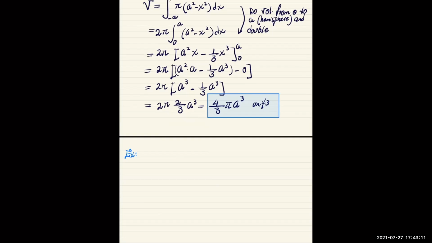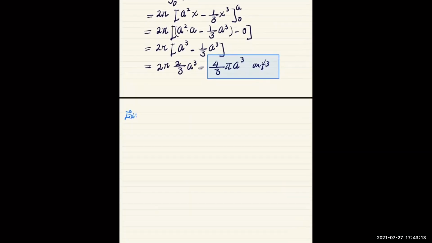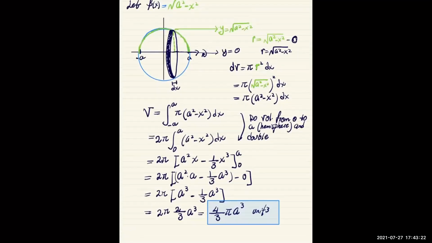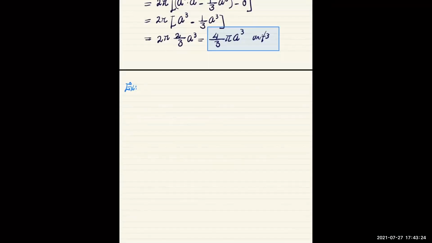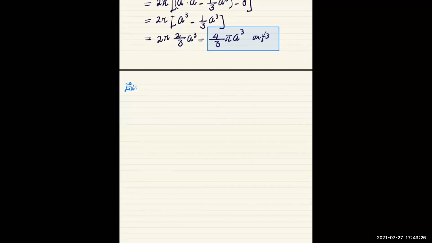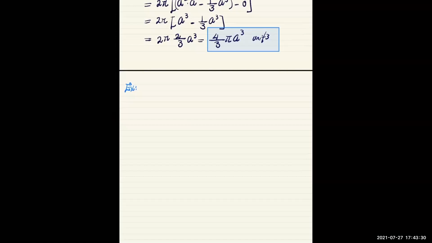All right, so let's see. Okay, let me see if I should change my region. Let's begin with a simpler example here. So let's say we are going to go with the region here.